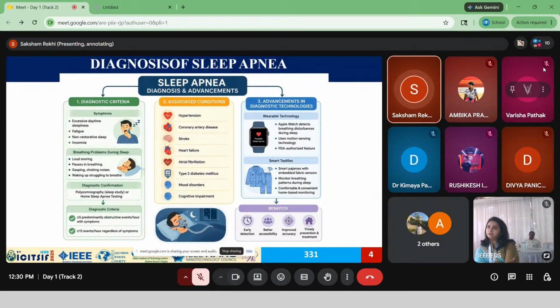Then diagnostic confirmation, which includes polysomnography, a sleep study for obstructive sleep apnea. If diagnostic criteria are greater than or equal to 5 predominantly obstructive events per hour with symptoms, or greater than or equal to 15 events per hour regardless of symptoms, the likelihood is high for obstructive sleep apnea.